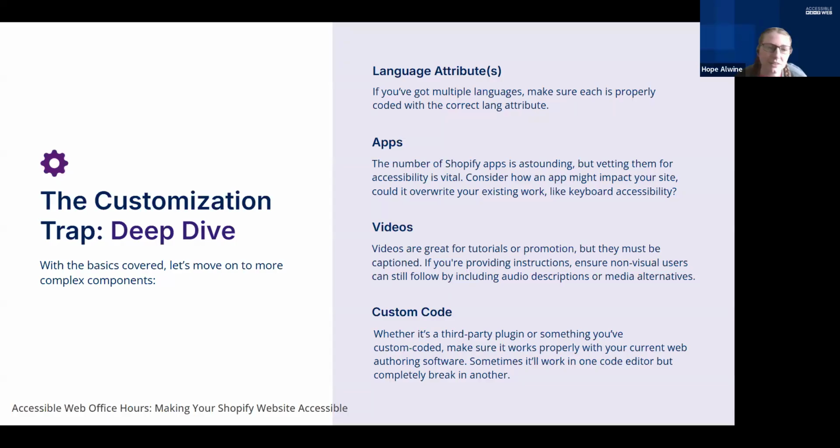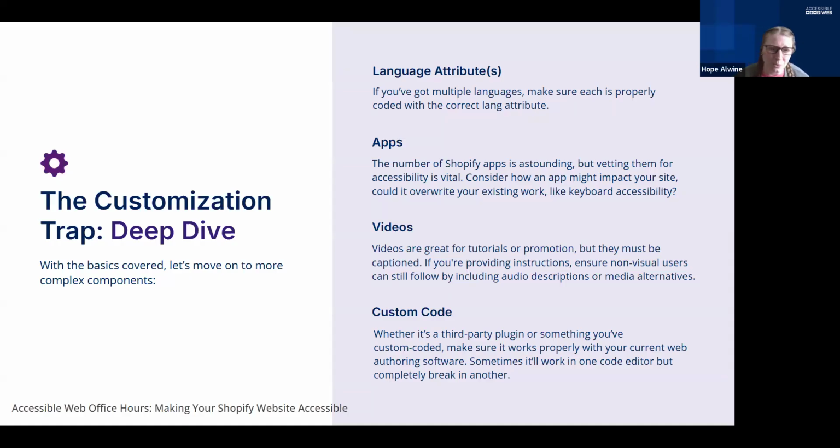And the last one I want to touch on is custom code. So whether it's a third-party plugin or something you custom coded, make sure it works properly with your current web authoring software. Sometimes it will work in one code editor, but completely break in another. I have way too many stories from my library days where we wanted a widget from one vendor to work on our website, but the minute I put it in, it wound up breaking the entire page.